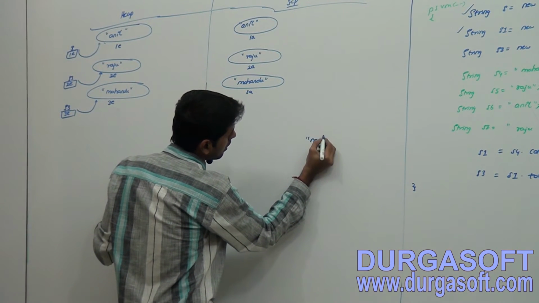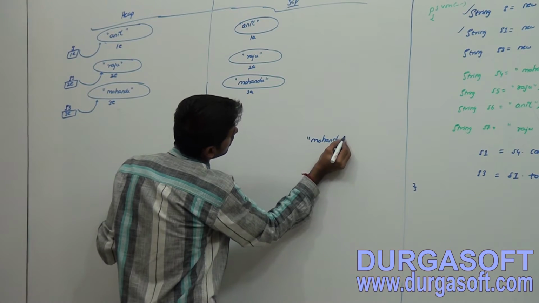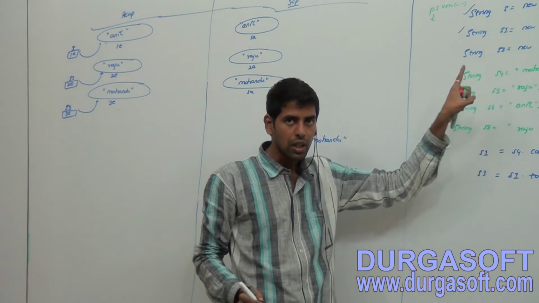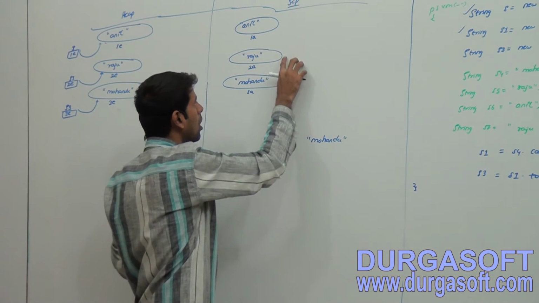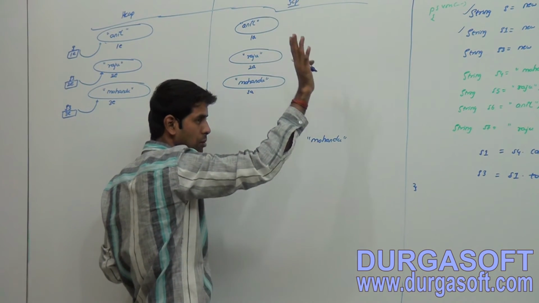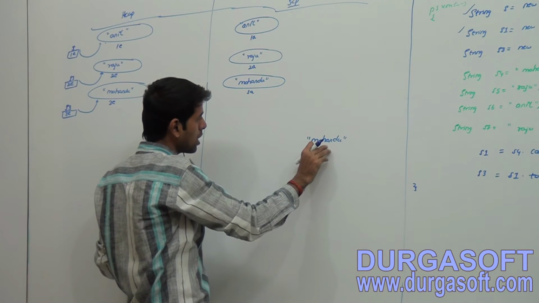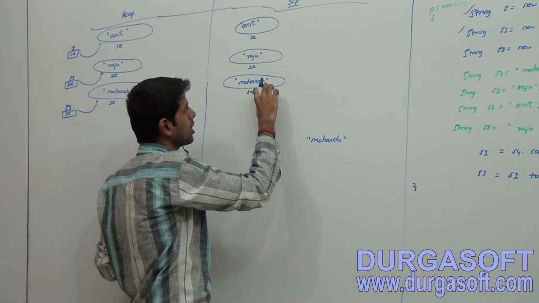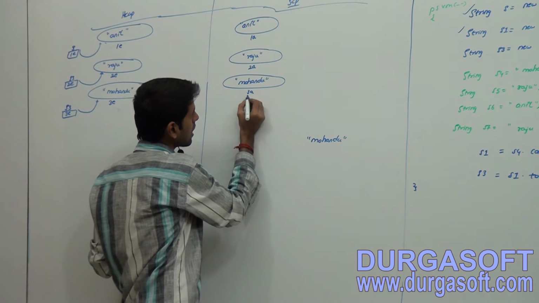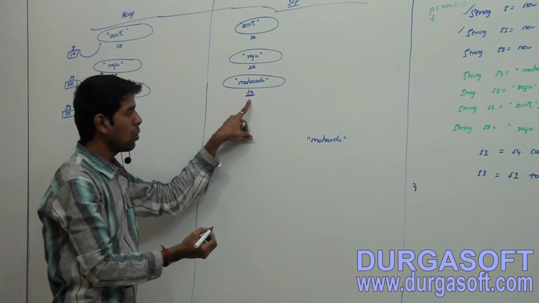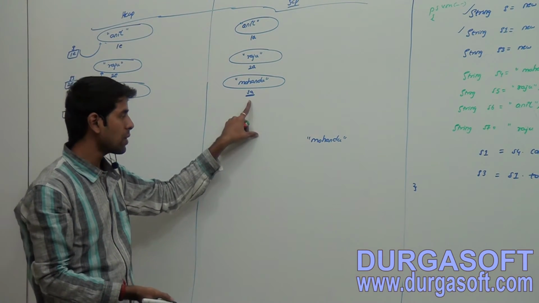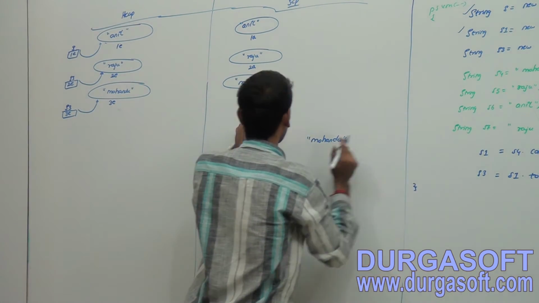Now it will take this literal, and this literal will be checked with each and every object available at the SCP area. Mohandu, is it available with any of these object data? Yes, it is available here. Now this reference value only will be used by the JVM, and this reference value will be assigned to S4.